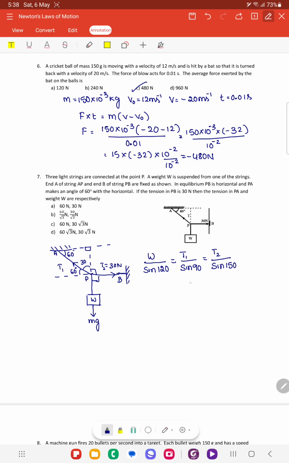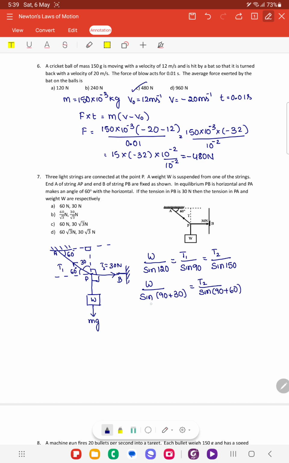So let us consider any two forces, that is W by sine 120. I can write this as sine 90 plus 30, equal to T2 by sine 90 plus 60.